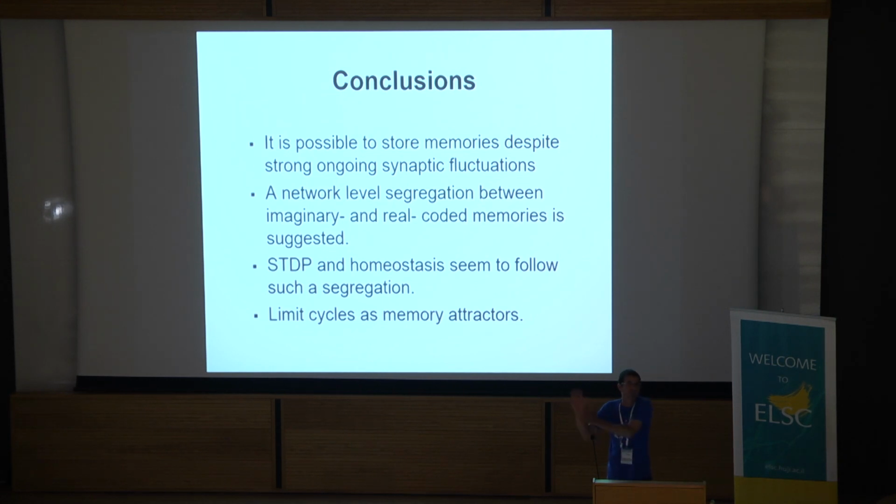So in a sense, this is another one, but it stems from very general arguments on stability. Now, it turns out that STDP and homeostasis naturally follow such a segregation. And the consequence of that is that the natural dynamical unit for memory is a limit cycle and not a fixed point attractor.